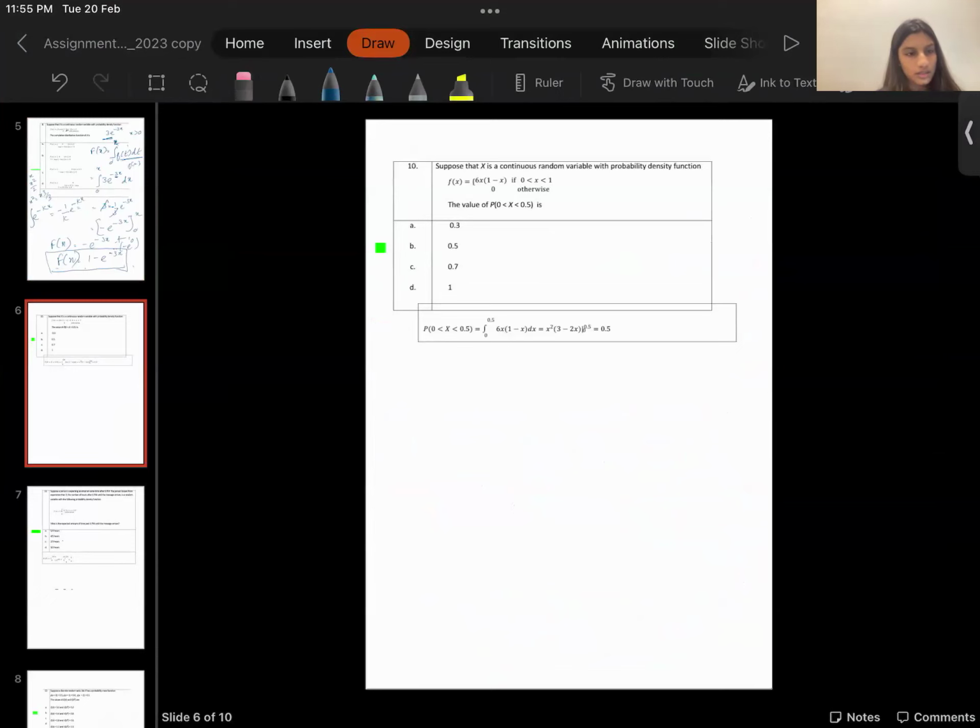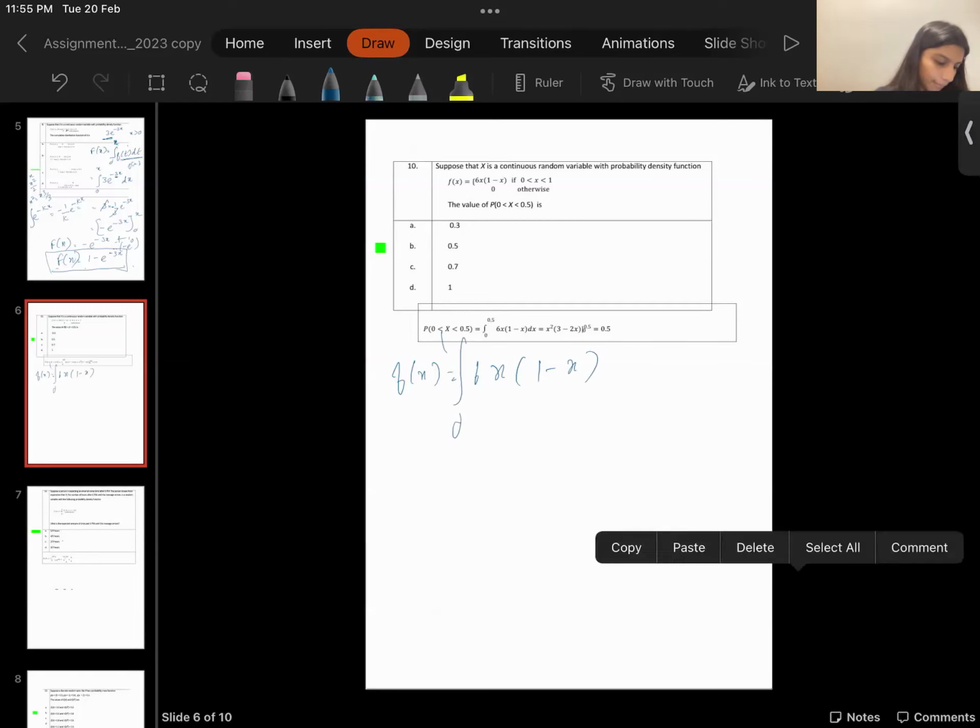Then the next question. Suppose x is a continuous random variable with a probability density function f of x equal to 6x into 1 minus x if x ranges between 0 and 1.